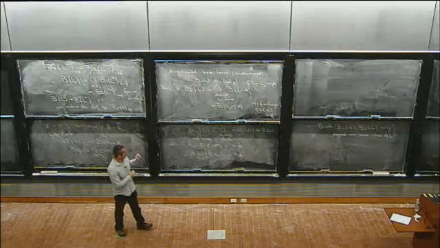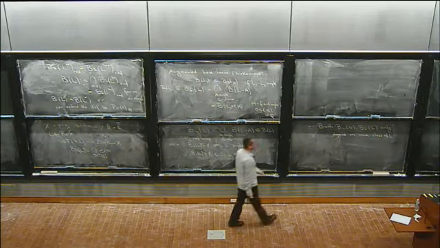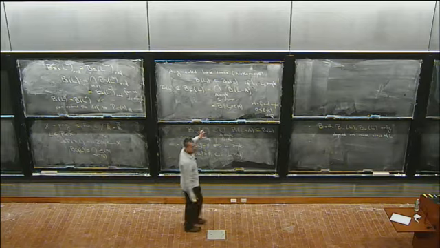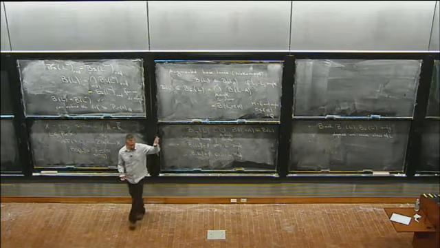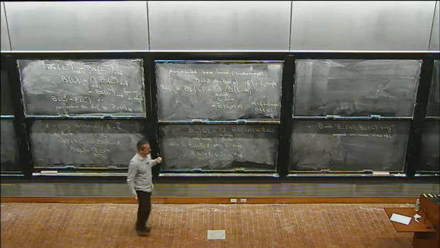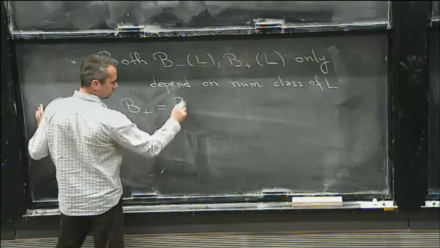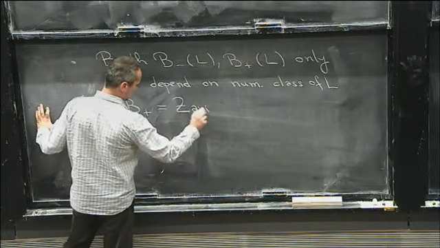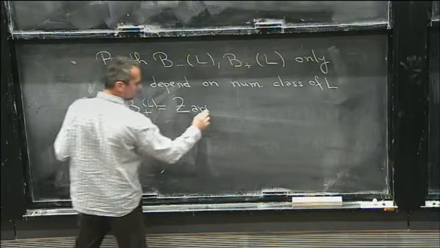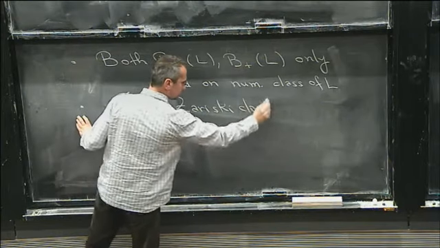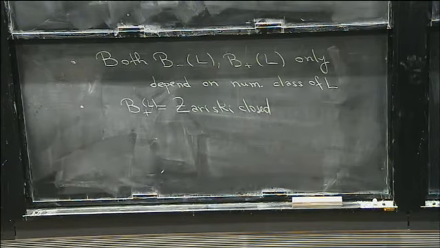Okay, but one last general remark is that B plus, this augmented base locus, is an intersection of closed subsets. So B plus of L is actually a Zariski closed subset. At least a priori, B minus is not.